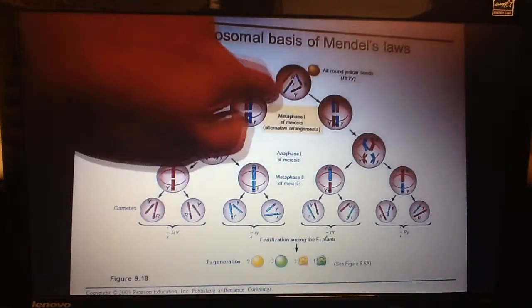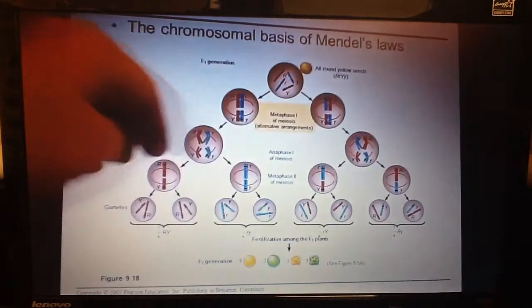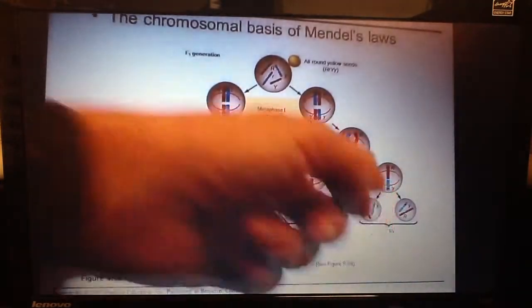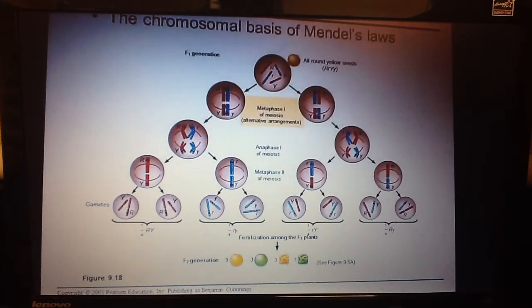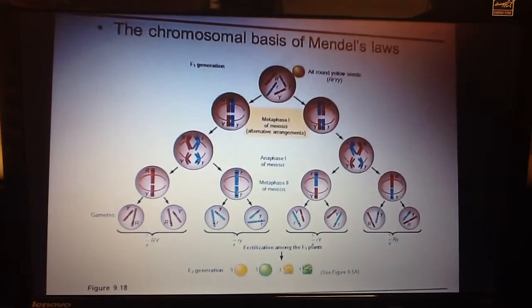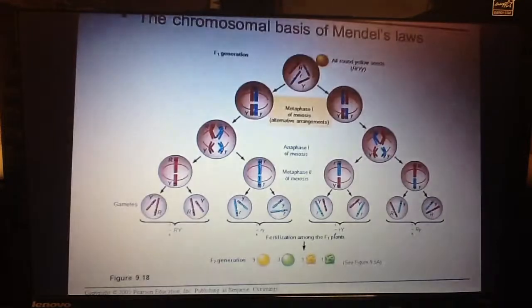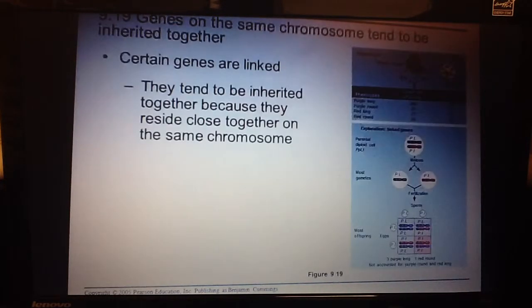Here's our metaphase, so here's all of our DNA. Notice they're lining up and organizing, we're separating things out, and we're creating those gametes, those sperm and egg. We've talked extensively about mitosis and meiosis in our previous chapter. So make sure you revisit that and can apply that knowledge to how we form those gametes, and how that relates to our genetics.